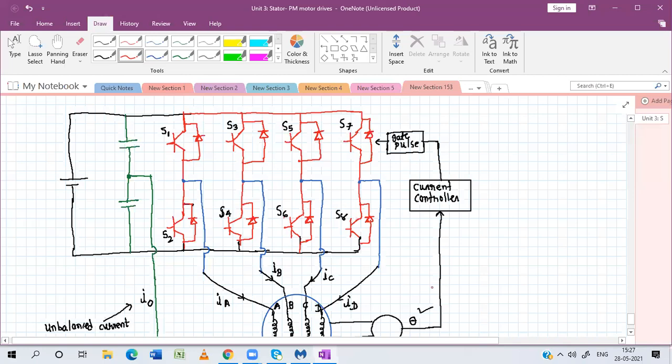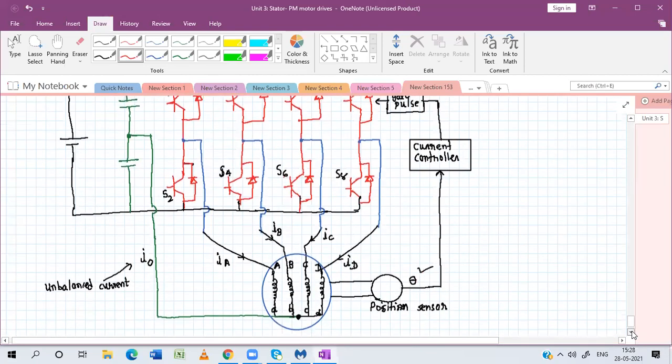So here we can say that according to this rotor position theta, the winding may be turned on and turned off. So it means the rotor position information is very much required. And this rotor position we are getting by using a position sensor, and for that we are using an optocoupler. So how does the position sensor look in a DSPM?